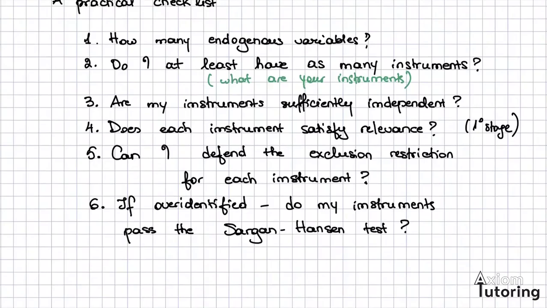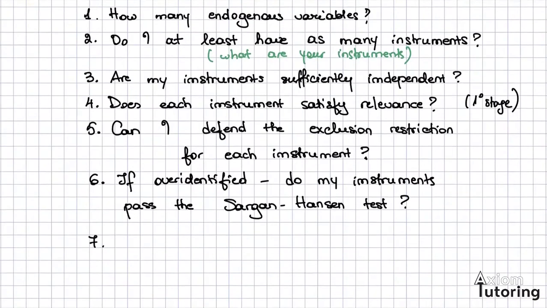Okay. The last bit that I am going to add in here, and that is especially important in your discussion, is how does 2SLS compare to OLS? Are they similar?